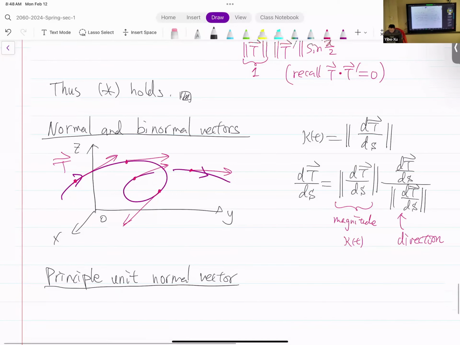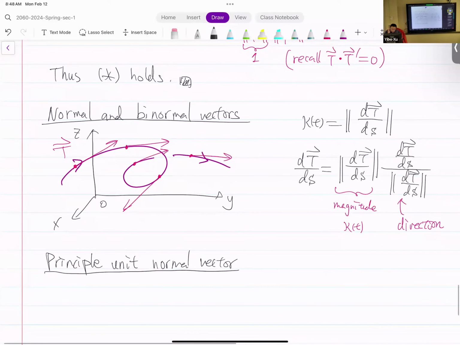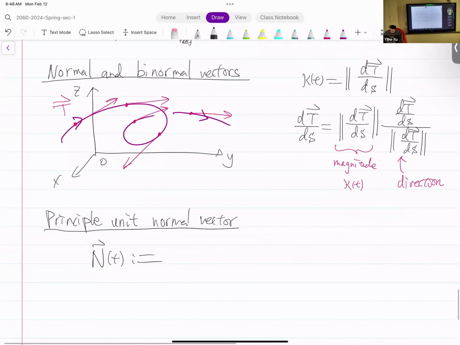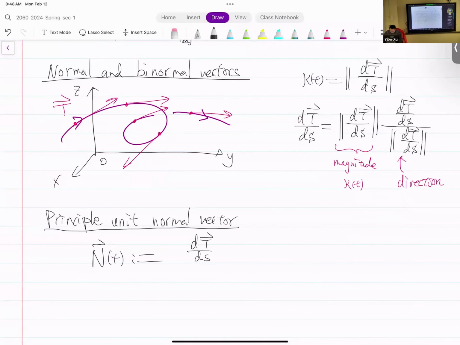If you recall, the unit tangent direction is just a unit tangent direction, but here we have "principal" in front of the unit normal vector. This is denoted as cap N of t, defined as the direction on the right hand side: cap T prime with respect to s, dT/ds, over its magnitude.